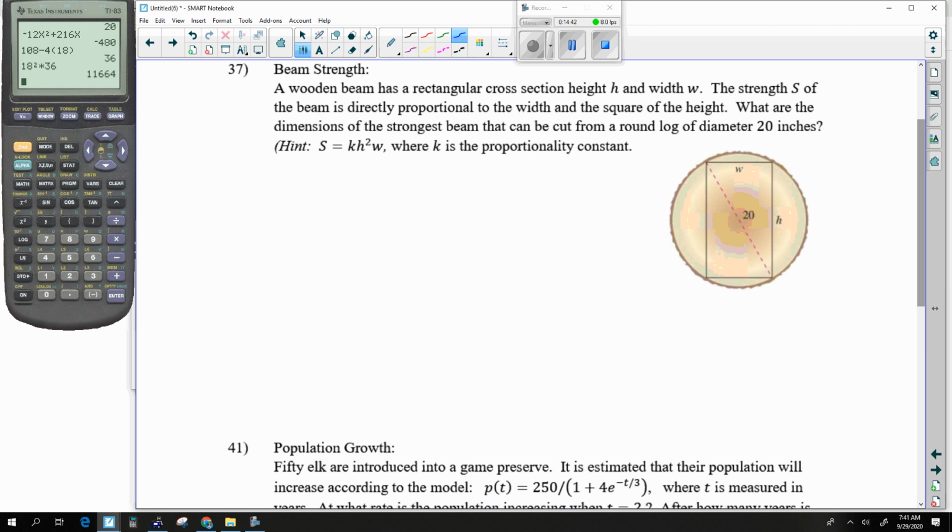Okay, so using the Pythagorean theorem, we know that w squared plus h squared is equal to 20 squared. I don't know if that really helps us out at all. Yeah, because we're going to be using s is equal to kh squared w, and so there's a bunch of moving pieces.